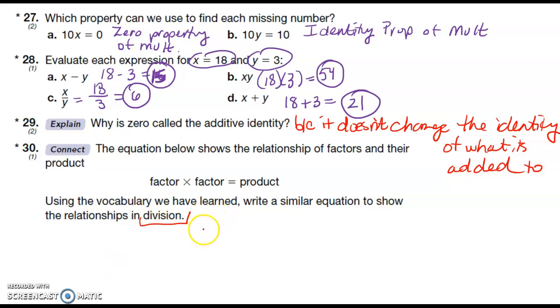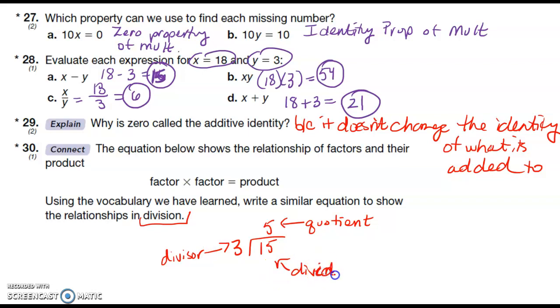All right, guys, I actually had to go look this up and come back. This may be something that you want to put in the back of your spiral, kind of in your reference section. You'll want to have each one of these. So let's see if I can write this down. This is my quotient. This is my divisor. And this is my dividend.